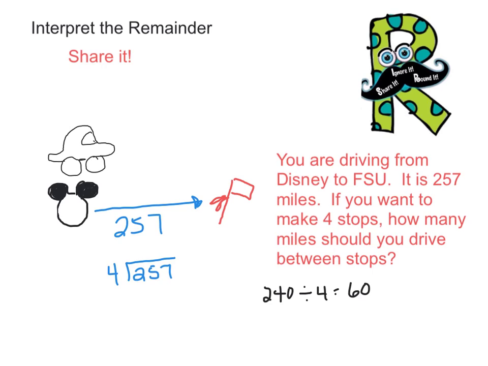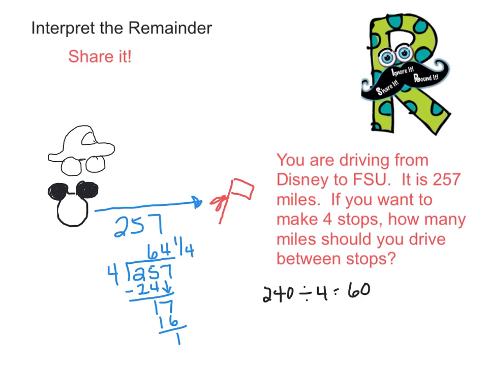So my answer I should expect is around 60. So let me do the math. 25, I know it'll go in 6 times, so I'm going to do 4 times 6 is 24. I'm going to subtract 1, I'm going to bring down 7, 4 will go into 17 4 times with 1 remainder.